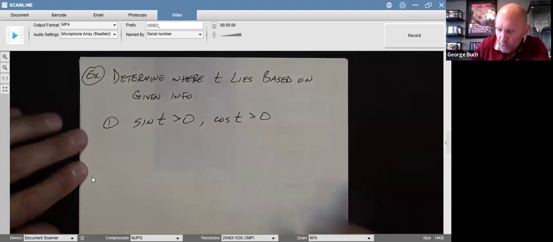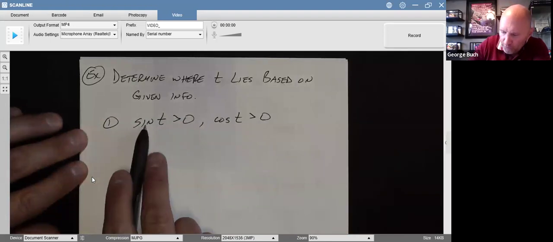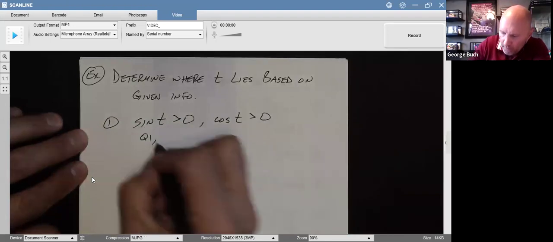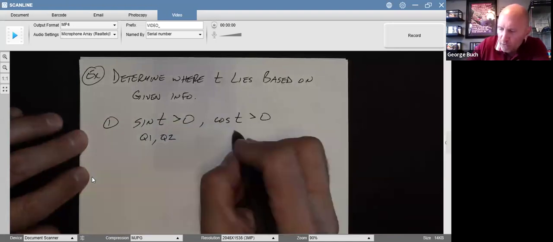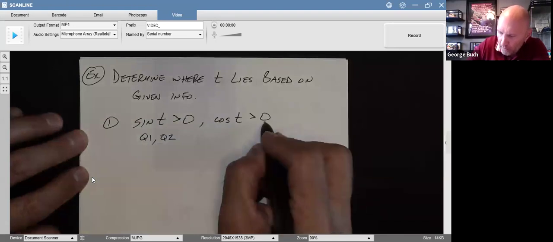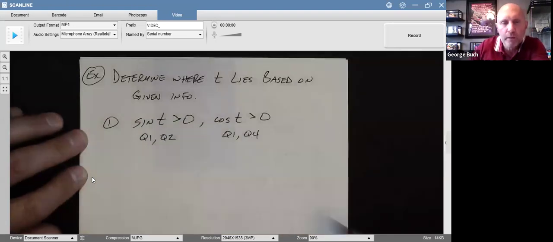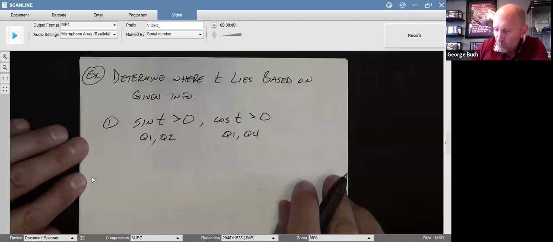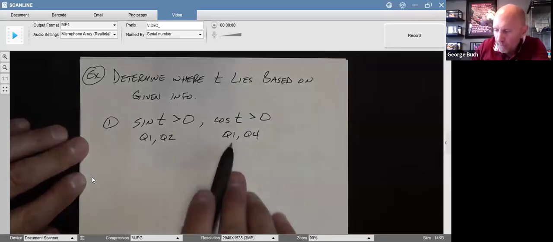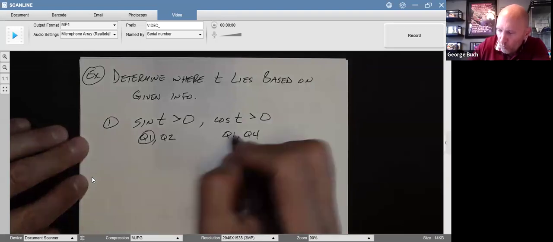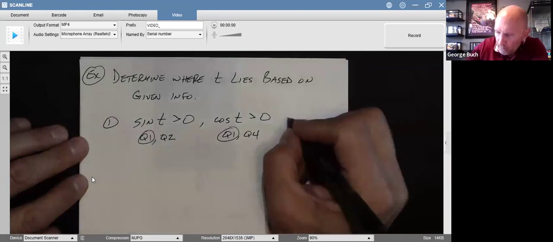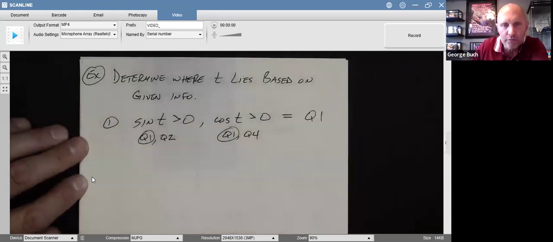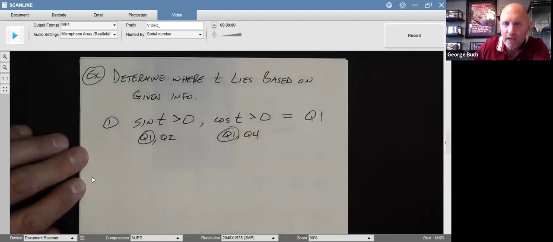All right, so which quadrants is sine positive? Well, it's positive in quadrant 1 and it's positive in quadrant 2. How about cosine? It's positive in quadrant 1 and quadrant 4. And so now I just have to match this up. Which quadrant is in both of them? And it's what? Quadrant 1. So quadrant 1 is the only quadrant where sine is positive and cosine is positive. So that's kind of working our way backwards from the previous problems we did.